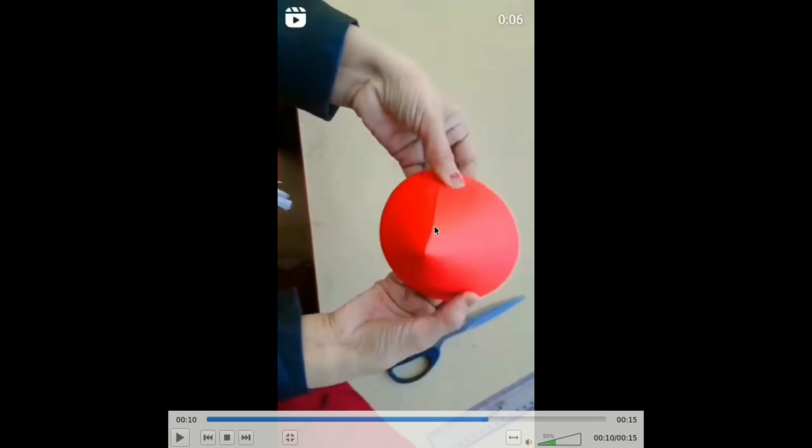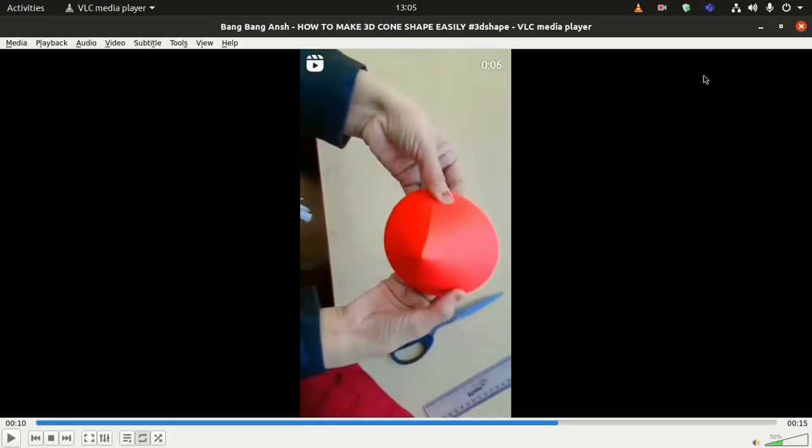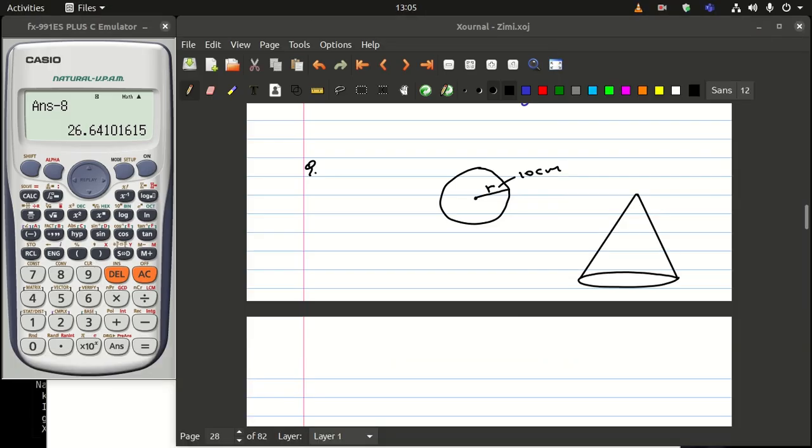So the radius is just the side of this cone. From this circle, once we cut it here, we end up having this R on the side, which is 10 centimeters. And the radius of this cone, we don't know it.